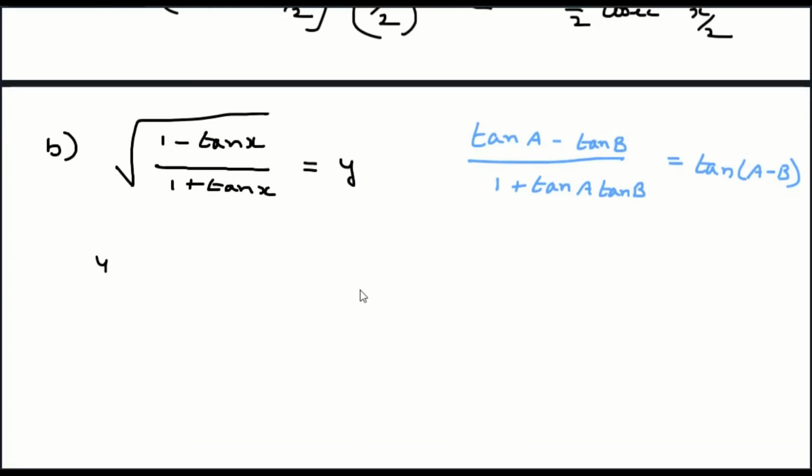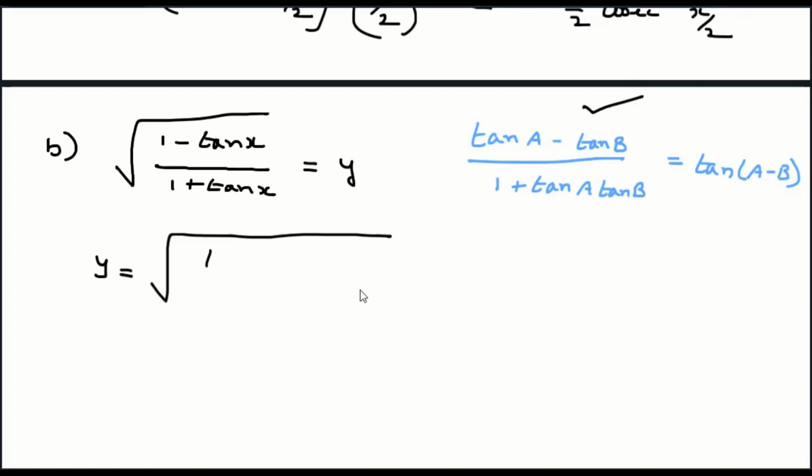So I can rewrite this as y is equal to root over, again, 1 minus tan theta by 1 plus tan theta. If I recollect the identity using tan theta, I get this formula. I could remember the minus sign, denominator plus sign. If I compare and contrast, I compare this with this formula. So how to write this 1 in terms of tan A?